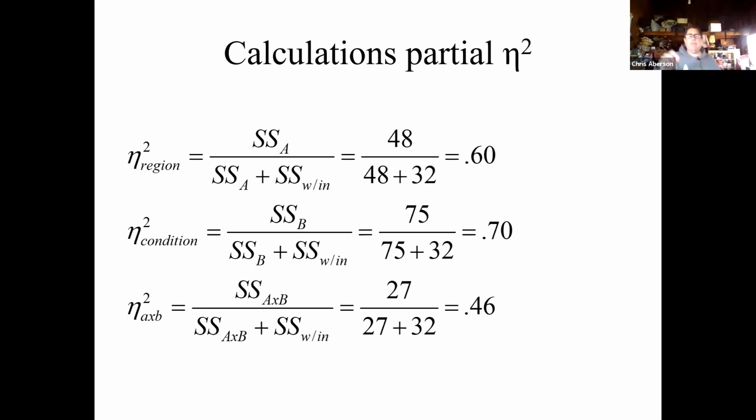So what's attributable to the other effects is not in the denominator. And one curious thing that this does is it gives us values that can add up to more than 1. So we're not talking about proportion of variance explained out of total anymore. We're talking about proportion of variance explained out of a very specific thing, out of what can't be explained by the other factors.